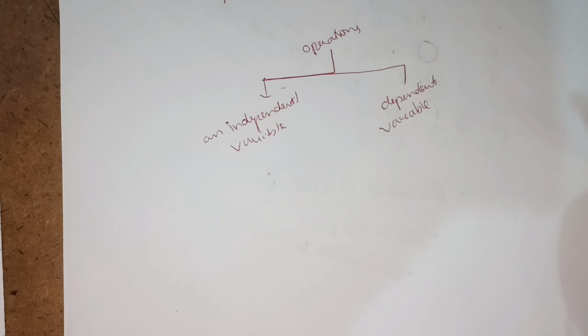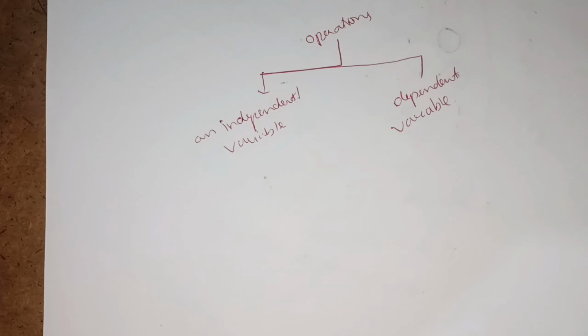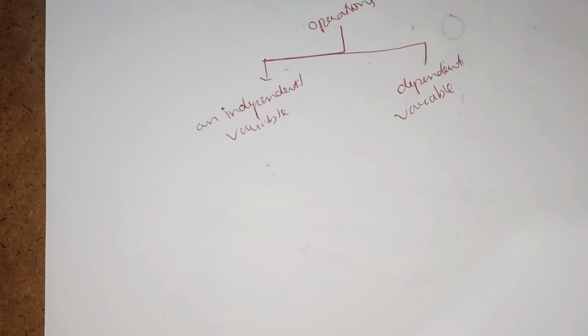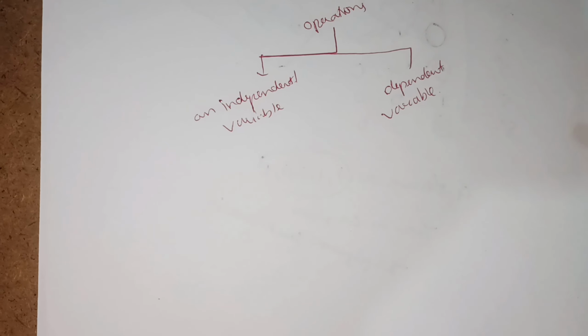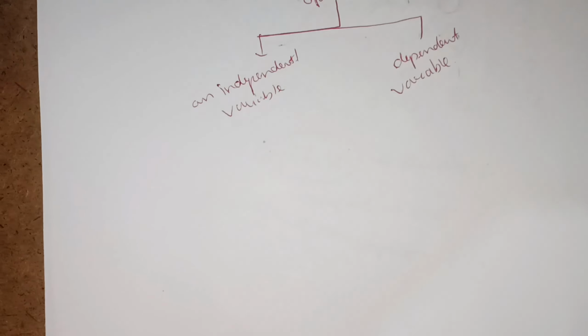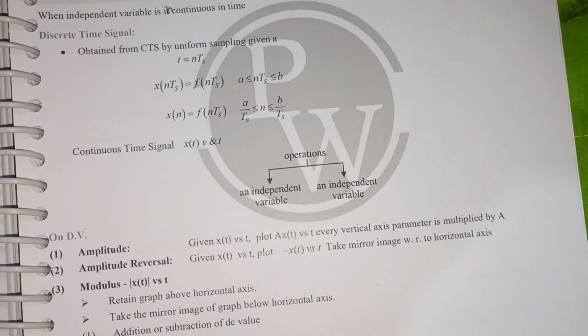So this is a classification of operations of time signal. So continuous time signal operations are classified as independent variable and dependent variable. So let's have a look at it.